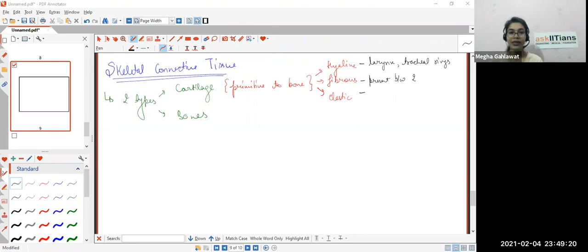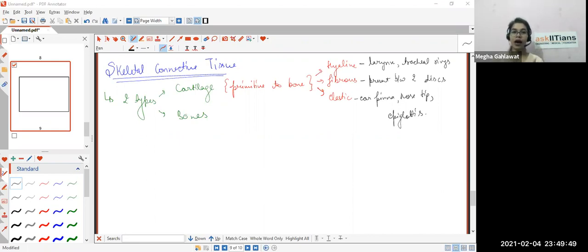The elastic one is present on the tip of the nose, the ear pinna, and the epiglottis. That is one thing about the entire cartilage.